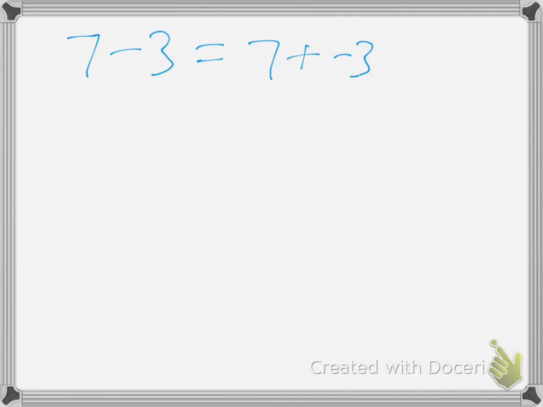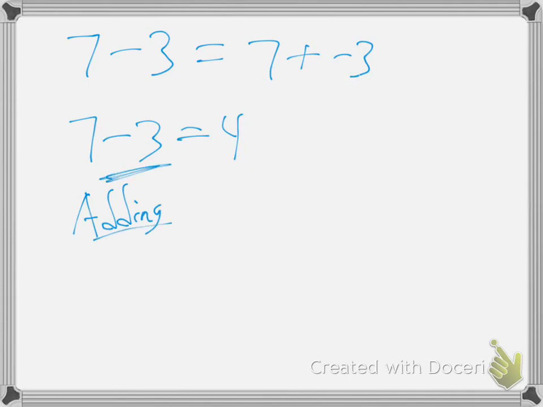It's the same thing. Or, another way you could say it, 7 minus 3 is 4. Another way you could write that as an adding fact instead of a subtracting fact is you could say 3 plus what is 7. That's another view of it, right?